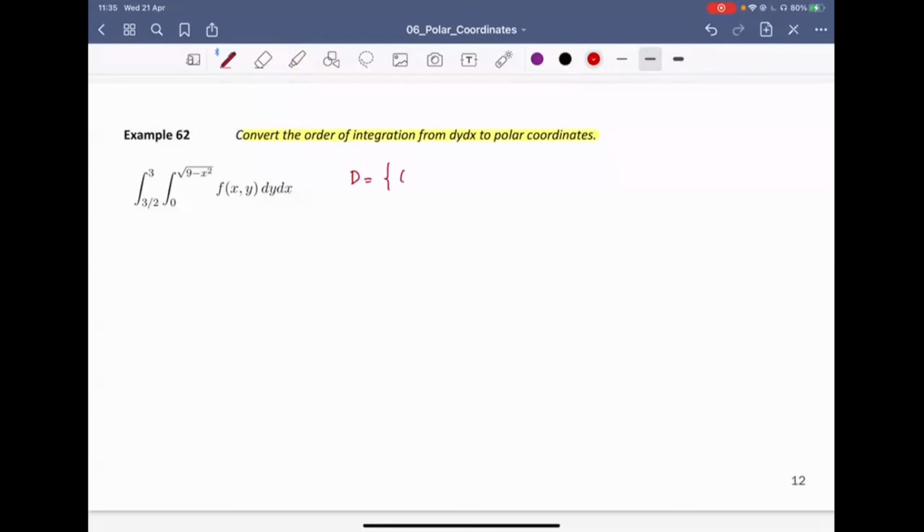D is going to be x, y, well, let's see this one, y from 0 to square root of 9 minus x squared, and x is going to be from 3 over 2, 1.5, to 3. All right, good. And now you're going to be okay with this picture.